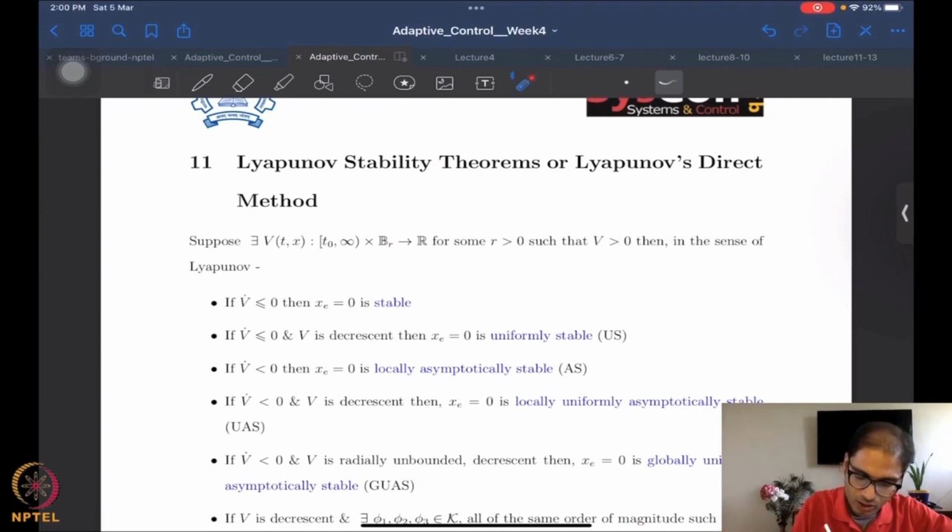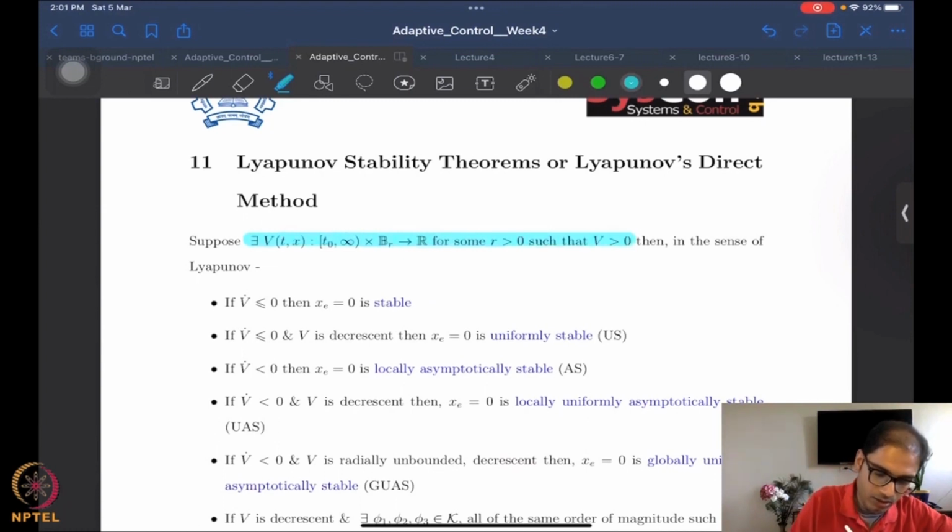And we assume that V is positive definite. You see this notation, which we've already introduced, and it implies that V is positive definite.